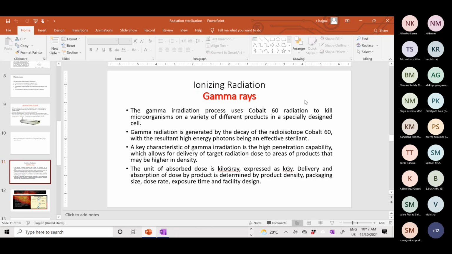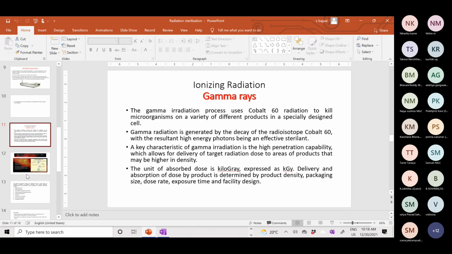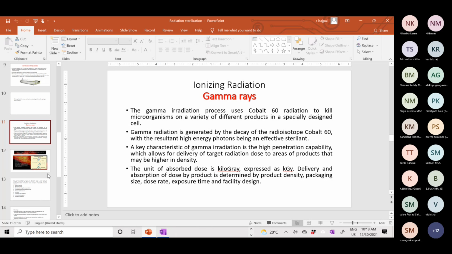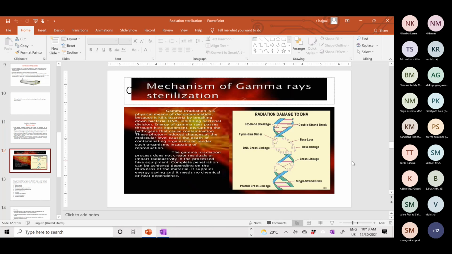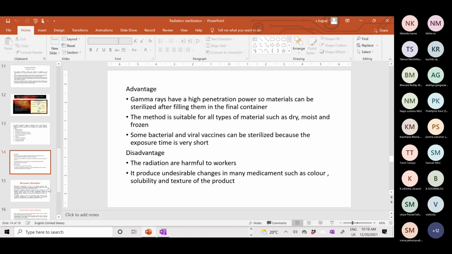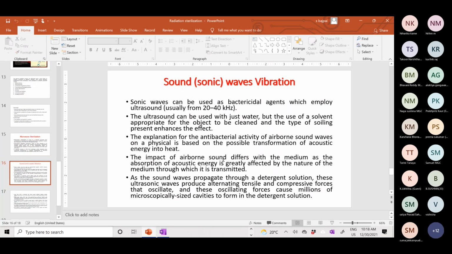Then we have seen the ionizing radiation, gamma rays, where we used the cobalt-60 radioisotope. This radioisotope produces high energy photons, which are used because of their high penetration power. These also kill the microbes by disrupting their nucleic acid, breaking the bonds, and inhibiting cell division. Then we have seen microwave sterilization.